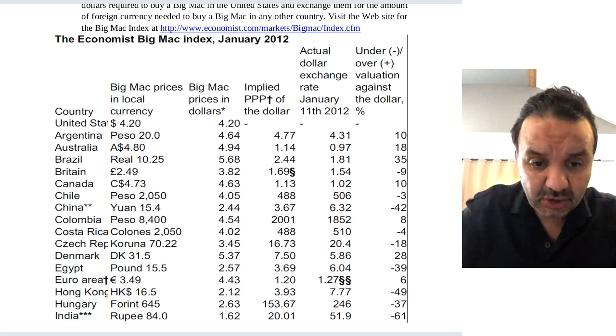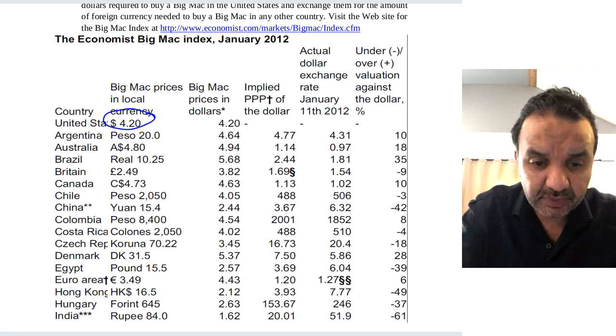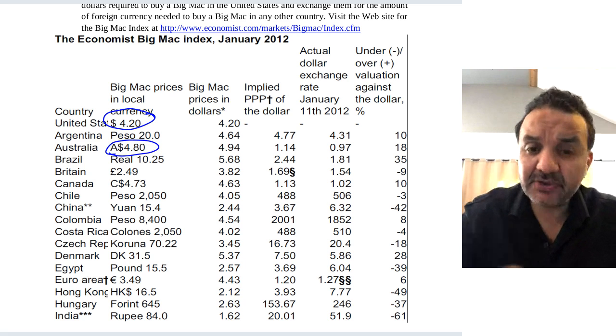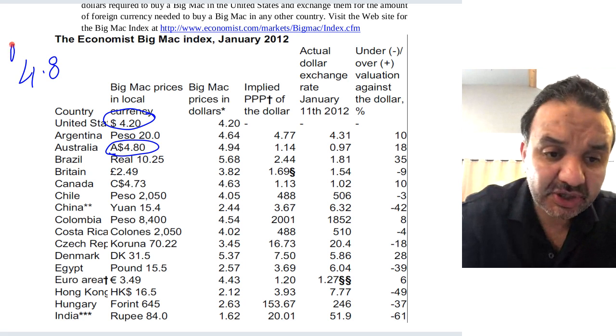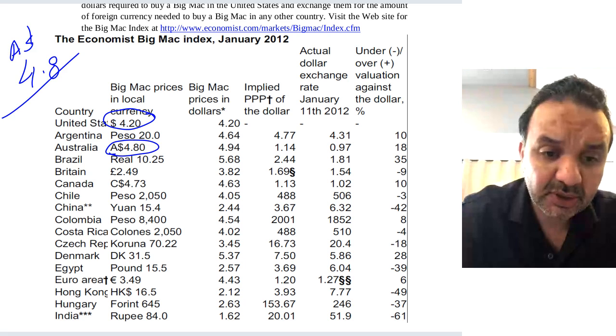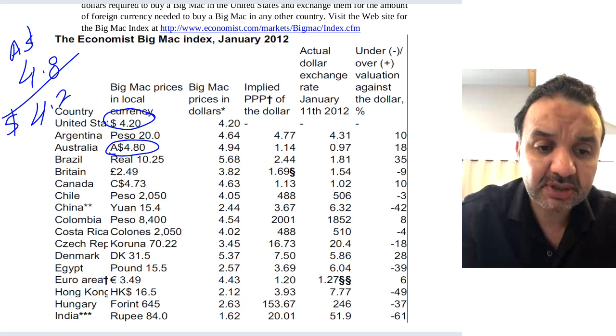Let's compare the Big Mac in the US to the price of a Big Mac in Australia. Let's do the same thing. We divide 4.8, this is Australian dollars, by 4.20, which is US dollars.